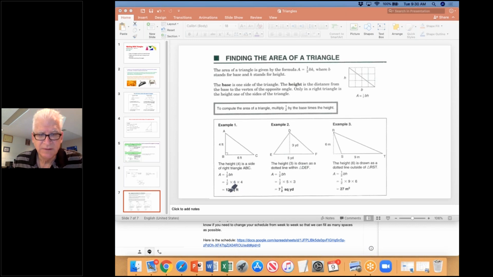So in here, it's shown as square feet, SQ being square, here is square yards, here it is square meters. So m to the second power means square meters. You can also write over here 7.5 yards to the second power, and it would still be correct. These are just different ways of showing area.